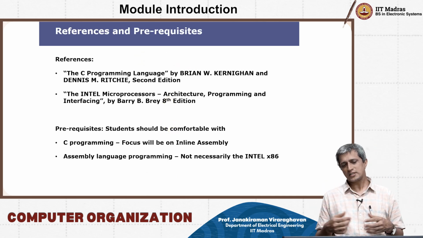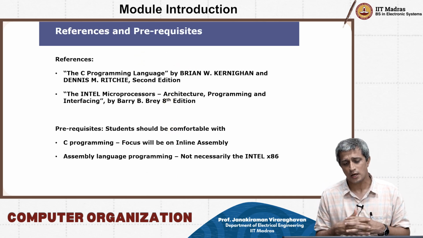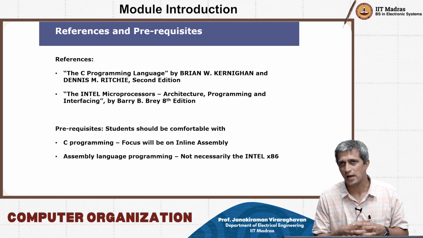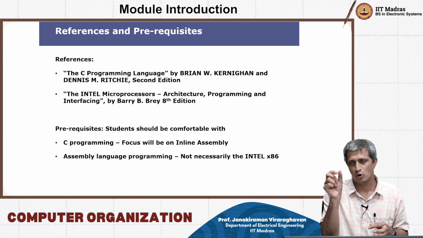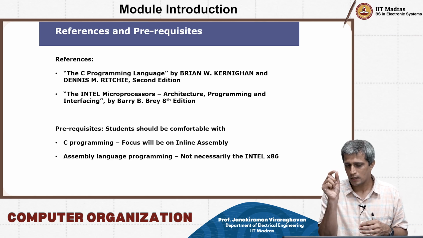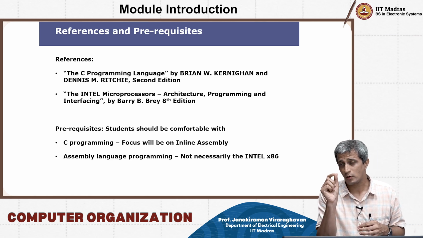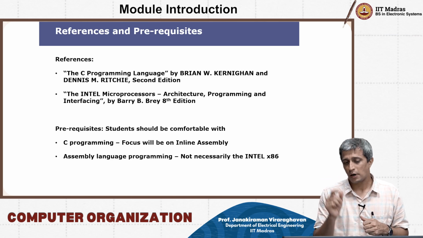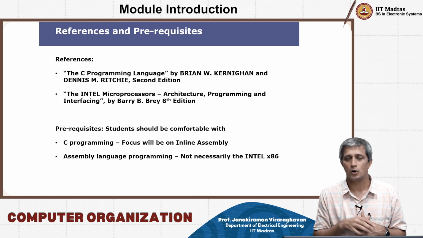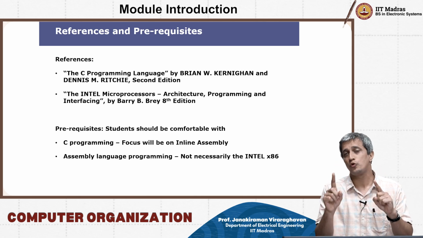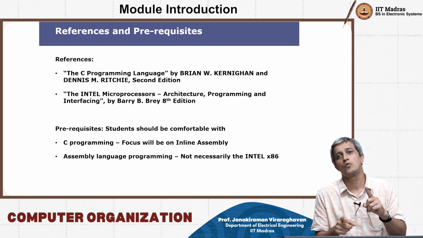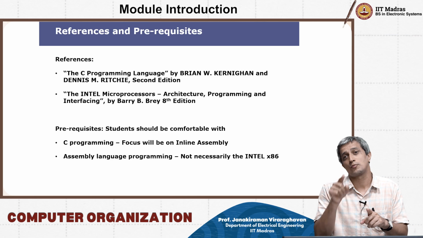So what are the references and prerequisites for the first part? Of course, The C Programming Language by Kernighan and Ritchie, that is the Bible of C programming. It's a very small book, and a very terse book. It's dense and terse, but it's a beautiful read, especially if you already know C programming and want to understand some concepts better.